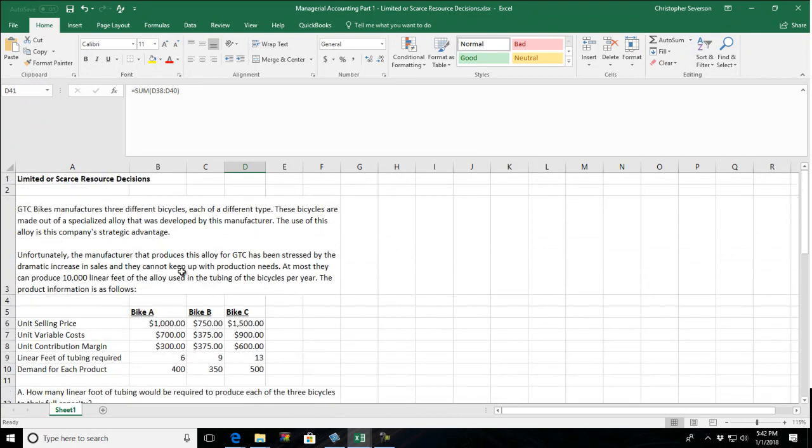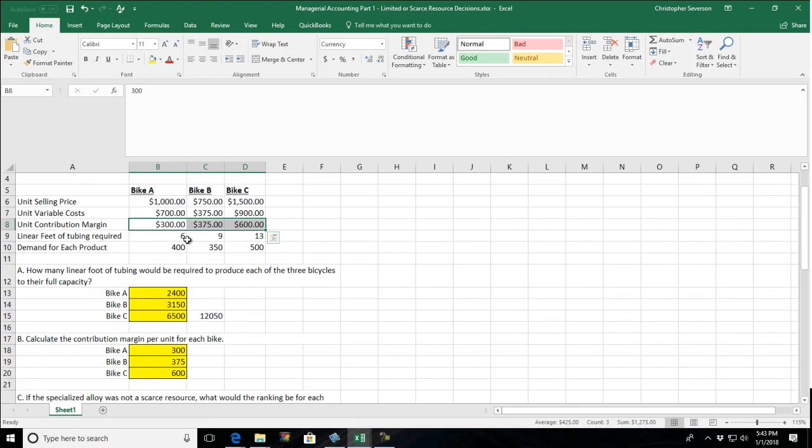But the problem is there's one big important piece of information missing from here. Fixed cost. It tells us nothing about what our fixed cost is. Contribution margin is first used to cover the fixed cost, and then whatever's left is used to cover profit. So we don't know anything about fixed cost here. We can assume perhaps it's zero, although that's a little bit of an unreasonable assumption.